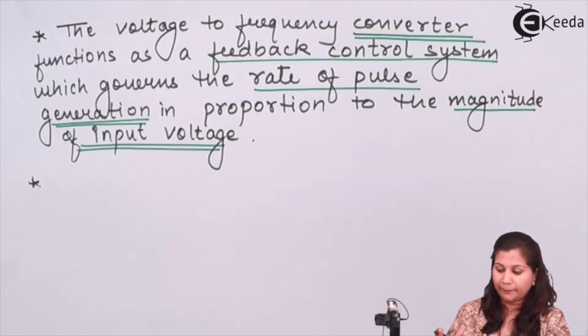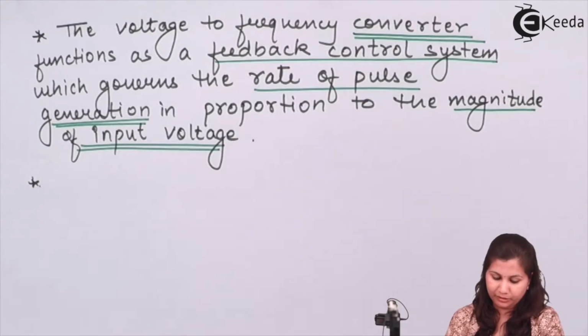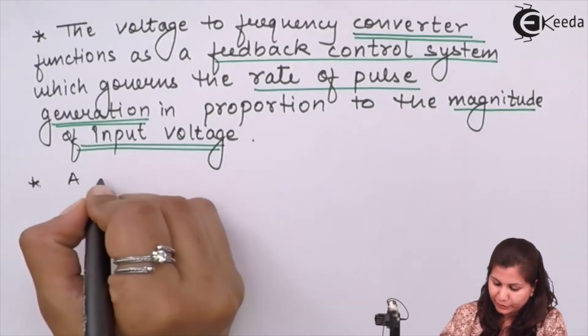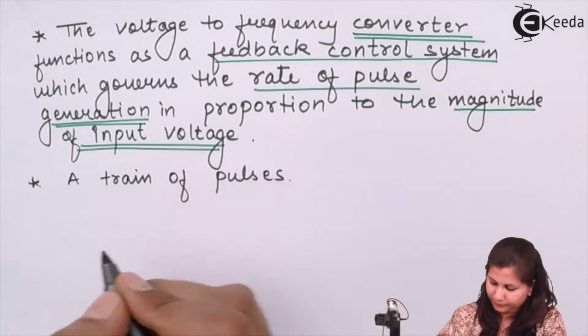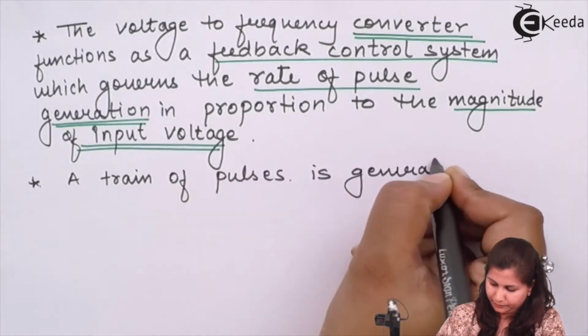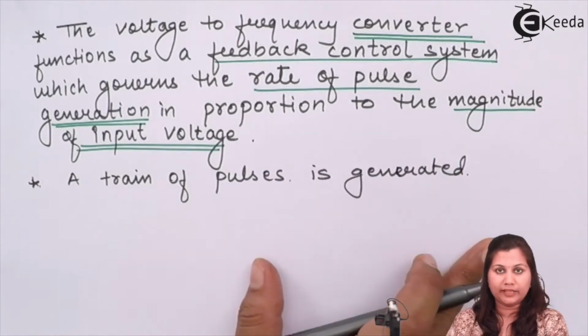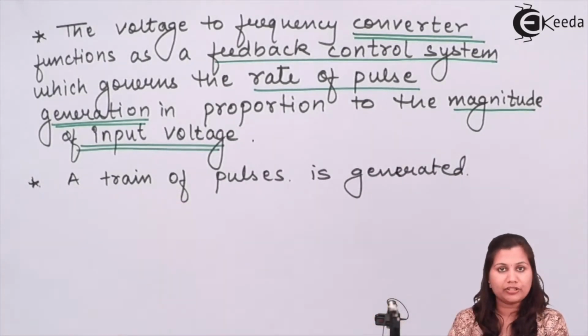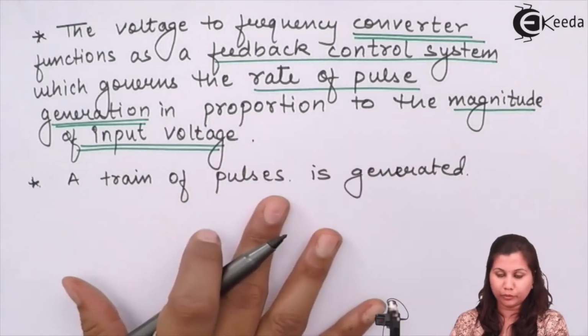So what basically is done in this integrating type of digital voltmeter? A train of pulses is generated, and the rate at which these pulses are generated is equal to the input voltage.